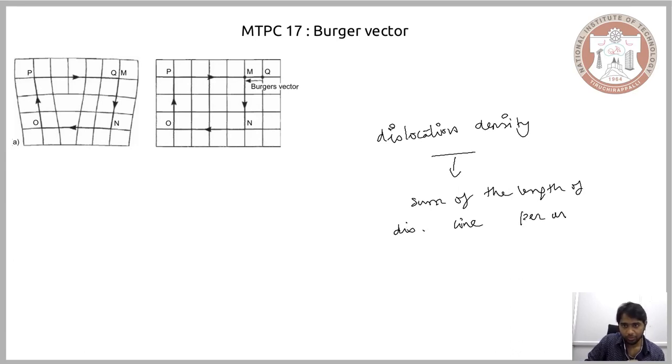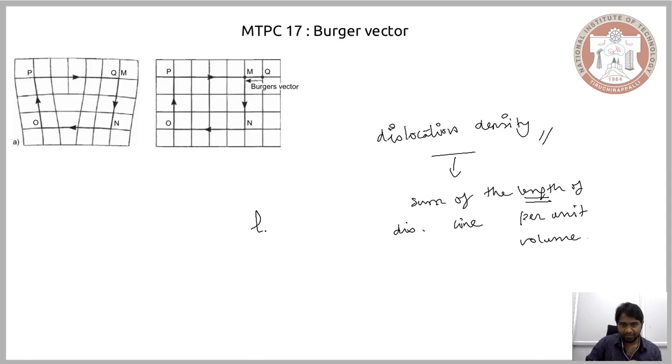per unit volume. So dislocation, if you could recollect, is a line defect, and one component that you can measure in the line defect is its length, and when you consider the length of all the dislocation lines that are present in a system and divide it by volume, you end up with what we refer to as the dislocation density.